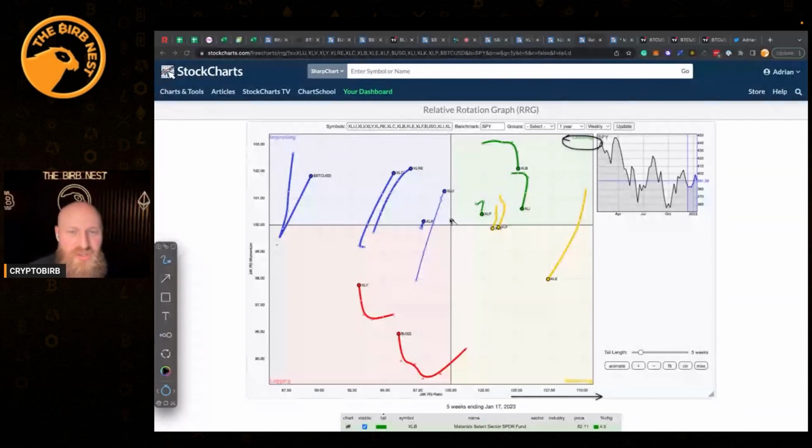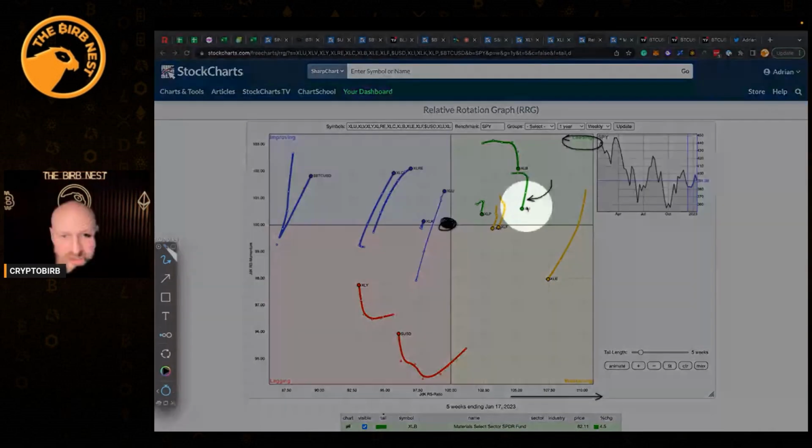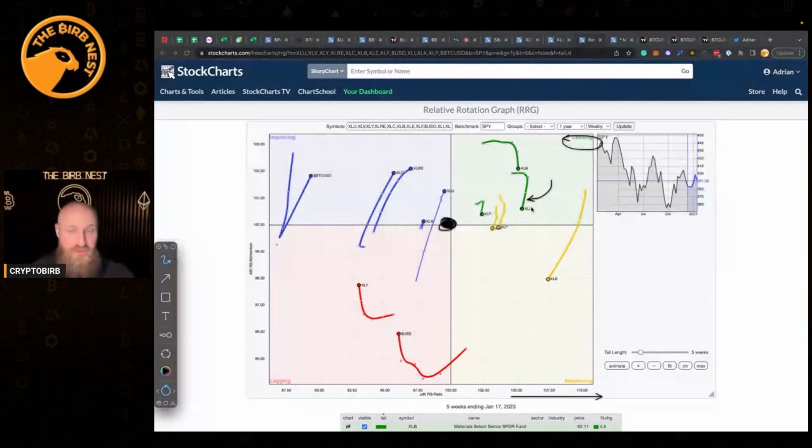By default, all the measures are shown such that each and every single sector, like XLI, which is the industrials sector, or the basic materials, raw materials, XLB, is put next to the S&P 500, which is at the very middle intersection of the axes. So this is by default XLB versus S&P 500, XLI versus S&P 500, and so on and so forth.